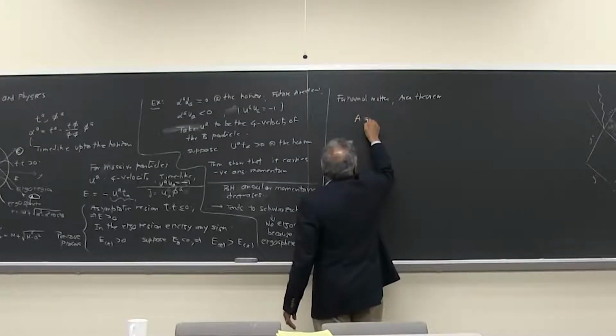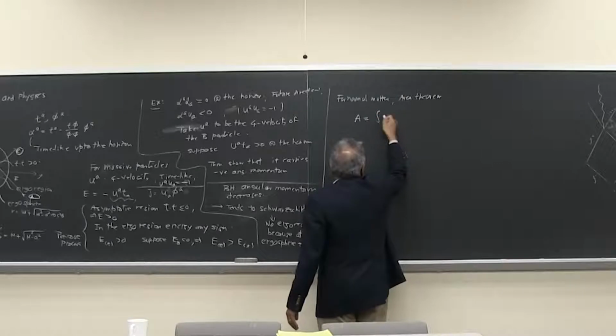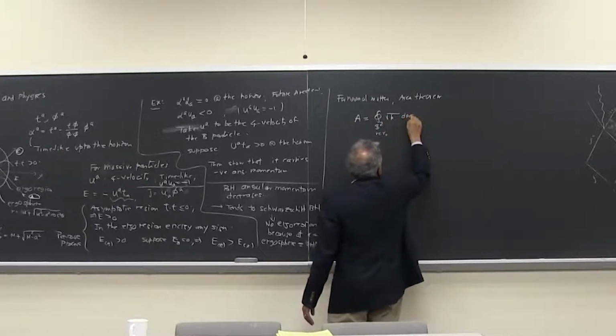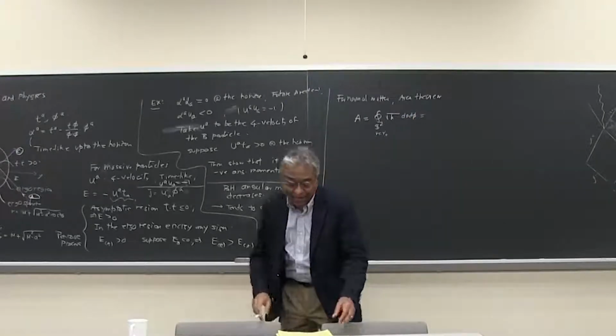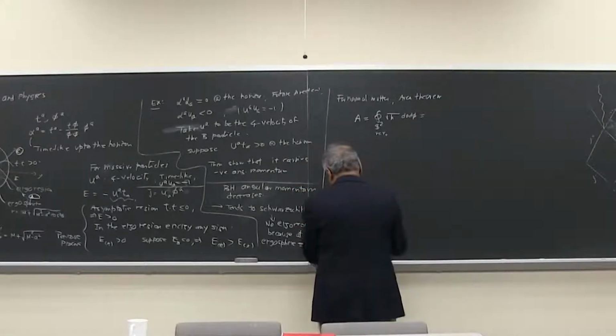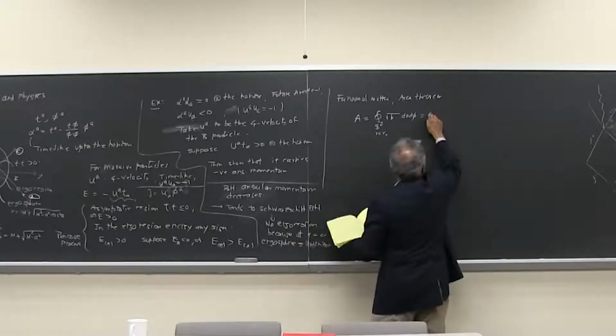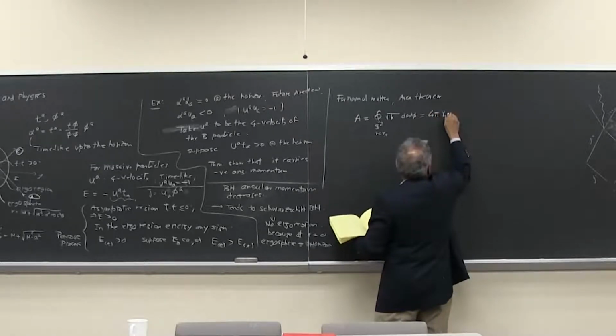Now what is the area? You have to calculate it. It will be the integral on the two-sphere at r equal to r_H of the square root of the determinant of the two-dimensional metric, times d theta d phi. And you calculate that, and you get 4 pi times (r_H squared plus a squared).